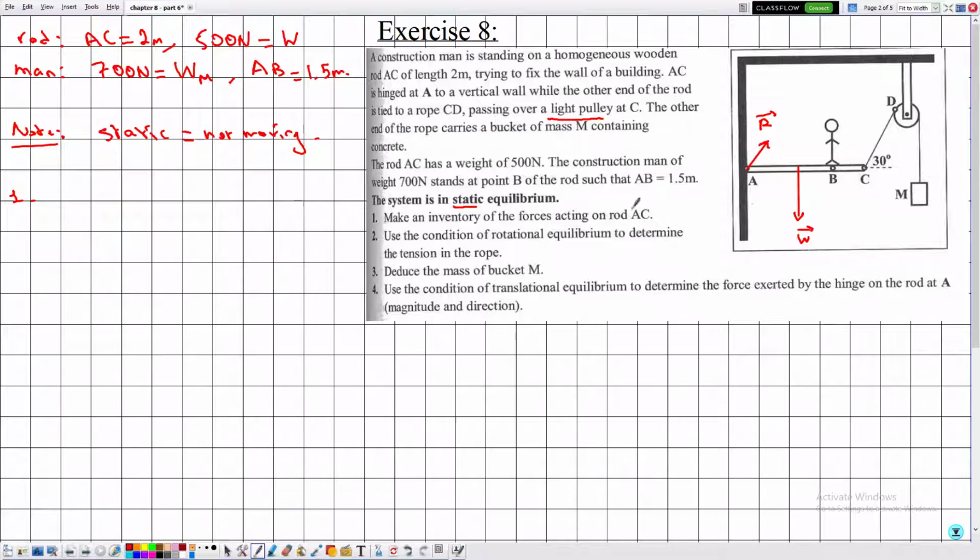Now, we are interested in the forces acting on the rod. We have the reaction R at A. We have the weight W of the rod. We have the tension T1 in the string. This is the tension T1.